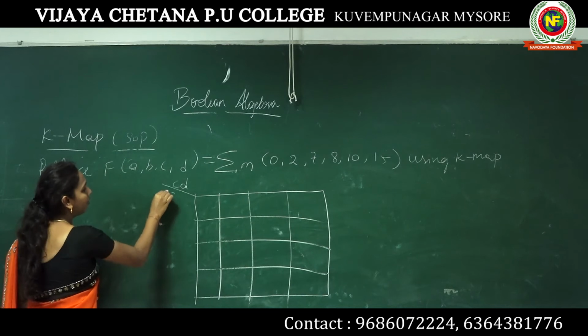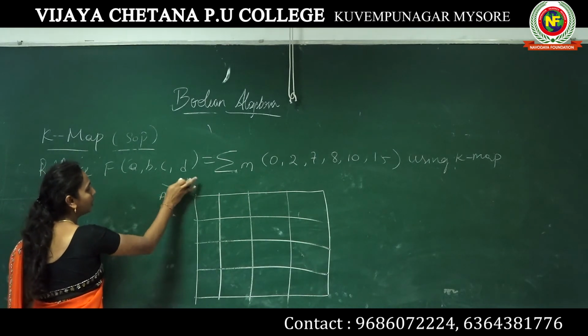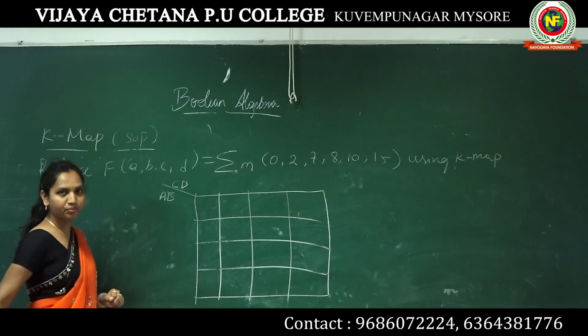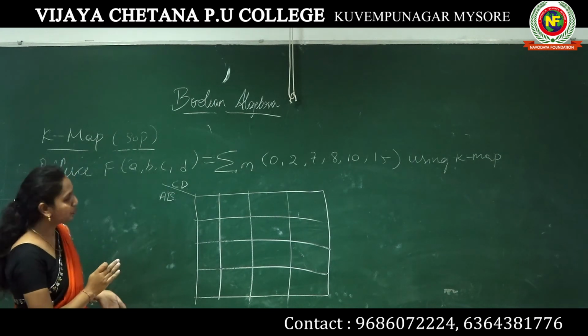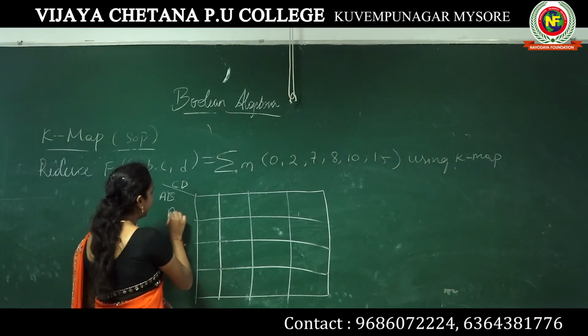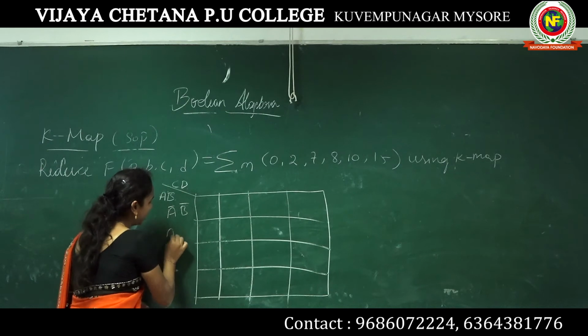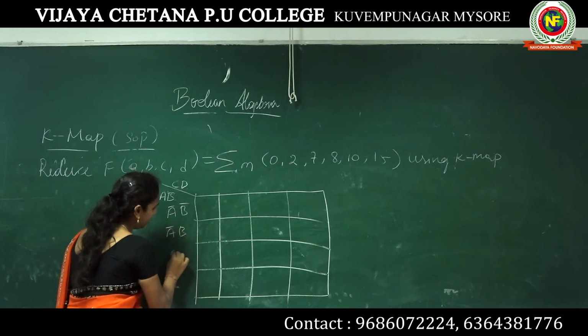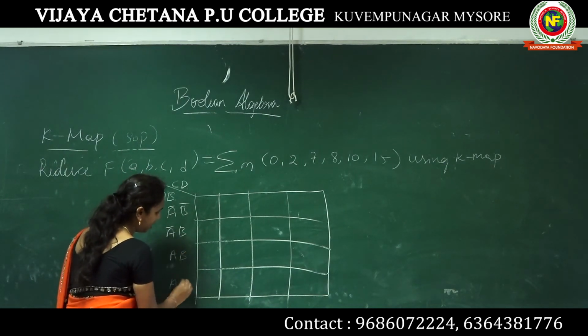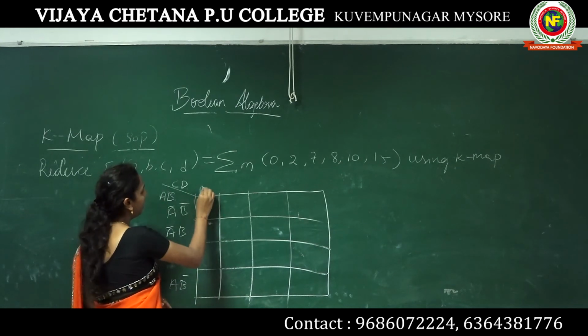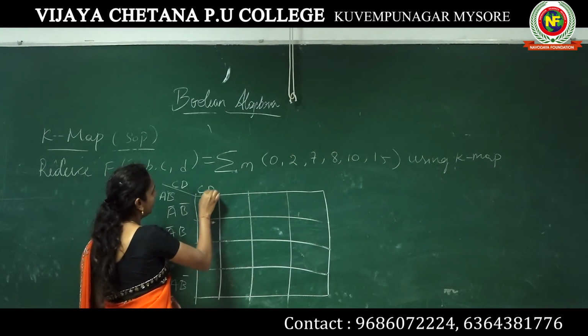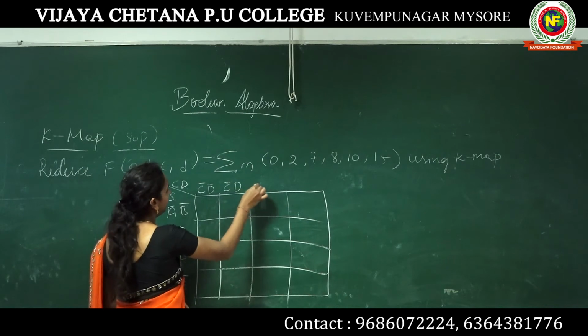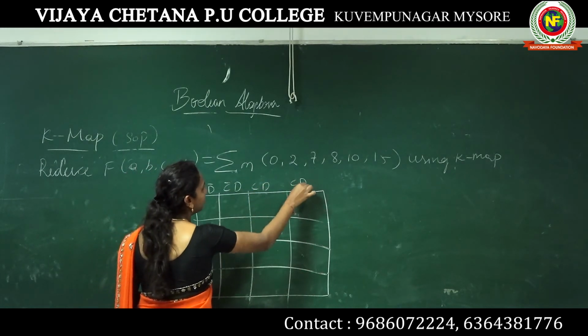Or else you can take it with a capital. Okay, expression writing becomes easy. Okay, ABCD. After that, here A bar B bar, A bar B, AB, A B bar. Again here C bar D bar, C bar D, CD, C D bar.